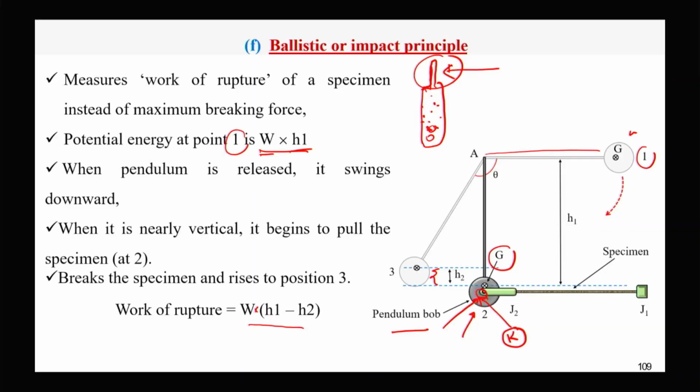Then why is this point important? Because if we attach the jaw at any other point, during the impact the pendulum will start a random swing, and random vibration will be there.